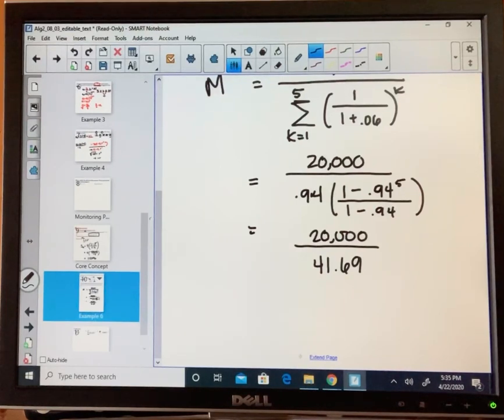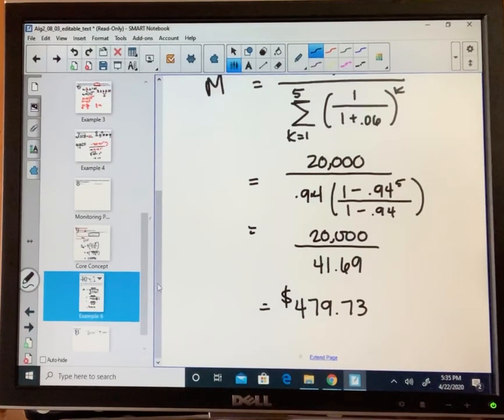Okay, so now I would divide these, 20,000 divided by 41.69, and I get, well, my monthly payment would have to be $479.73. Kind of interesting, huh?